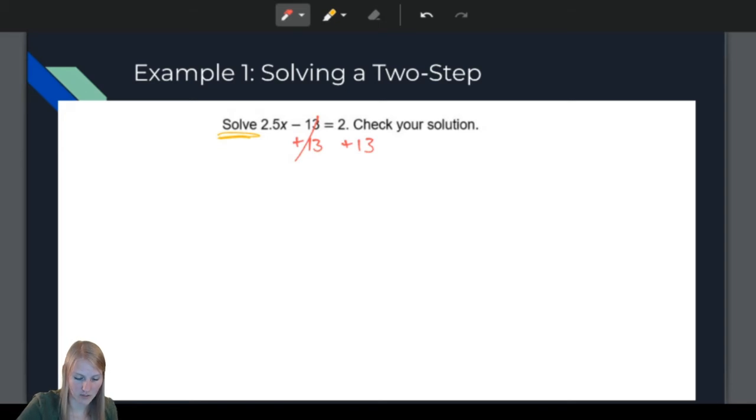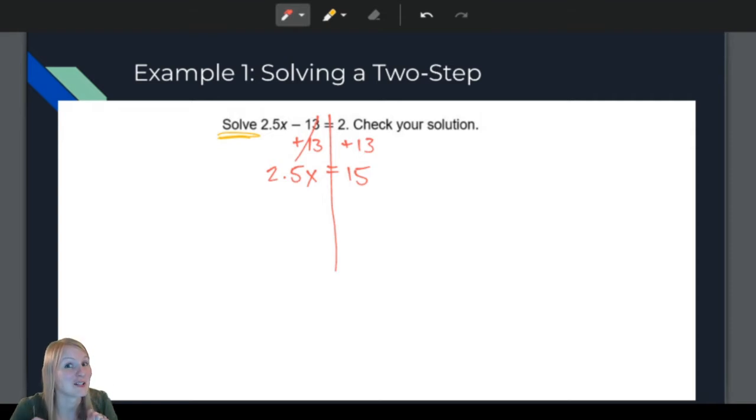And now I'm going to draw a little line so I keep my equal sign in check. Now I have 2.5x equals, what is 2 plus 13? 15. So now look at this equation that I have right here. This looks a lot like a one-step equation because it is.